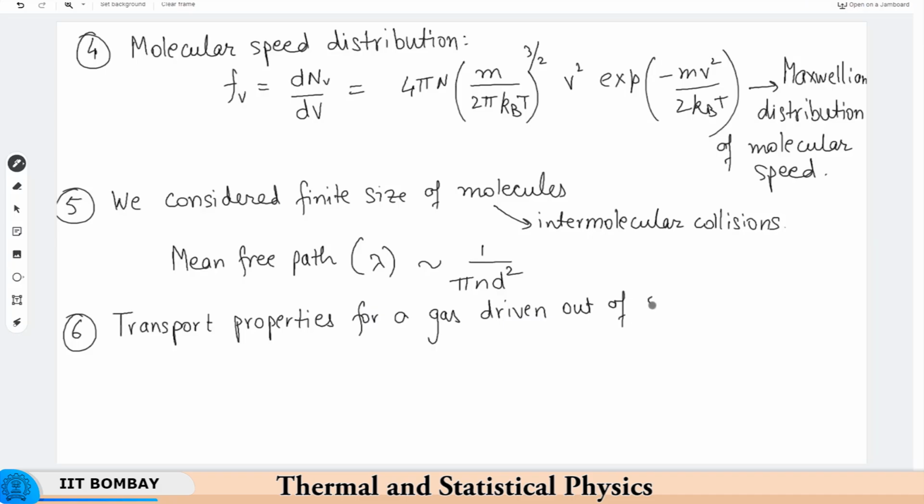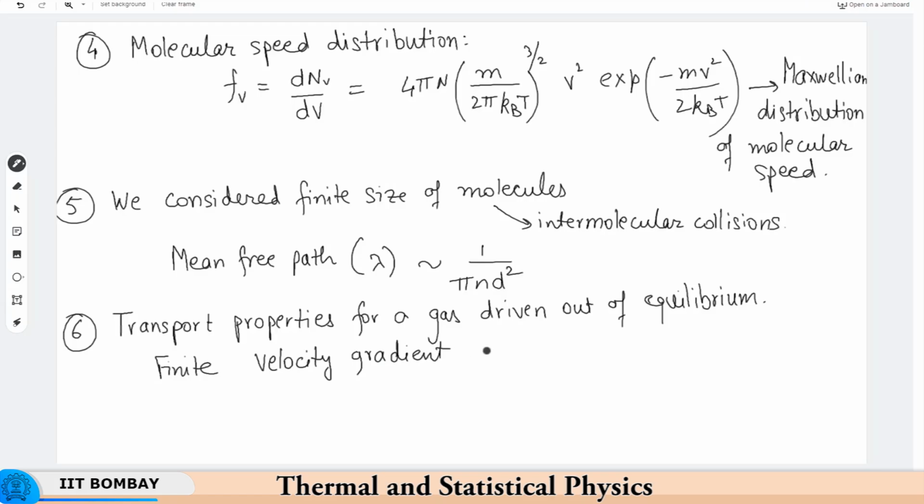Right? And we basically drove the system out of equilibrium using three things. In the first case, we said that there is a velocity gradient along a certain axis, a finite velocity gradient, which is a non-equilibrium case.